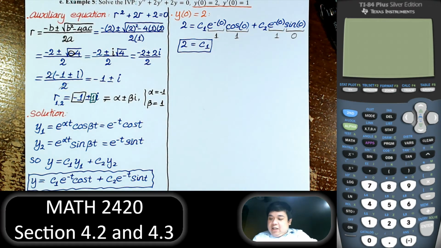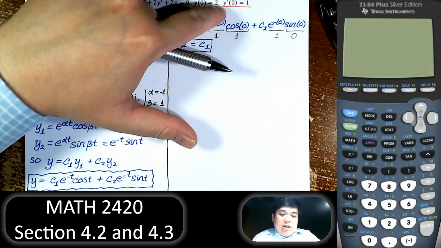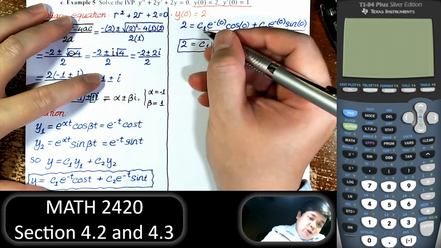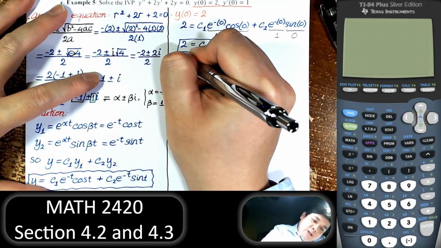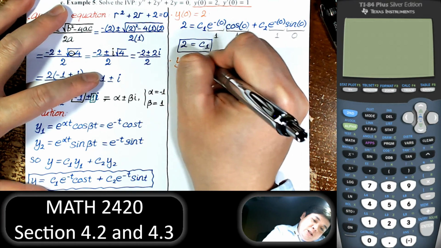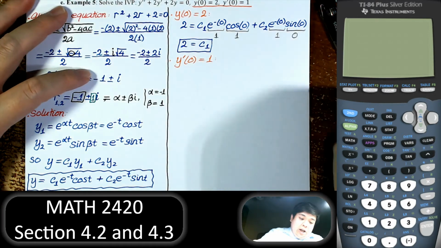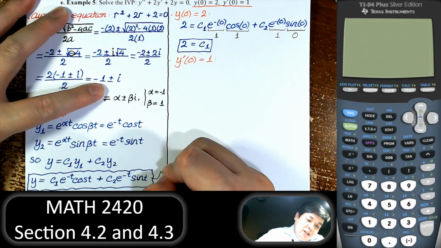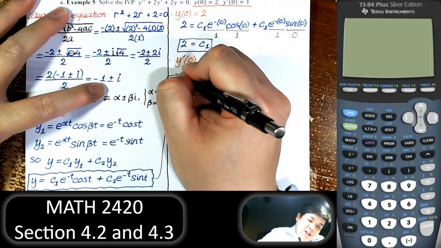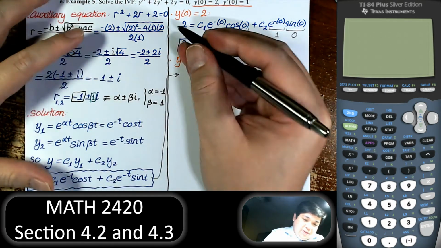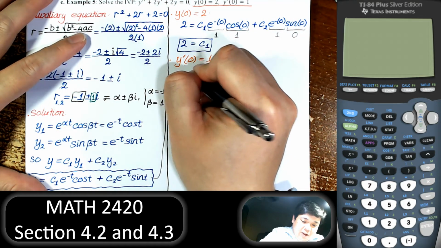Now, the second initial condition is derivative at 0 equal to 1. To do this, we have to take the derivative first, and that is not simple. Right.